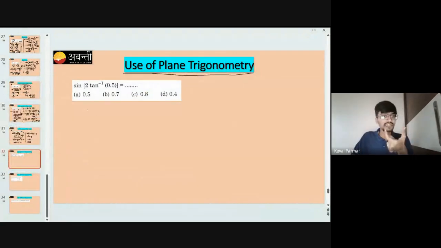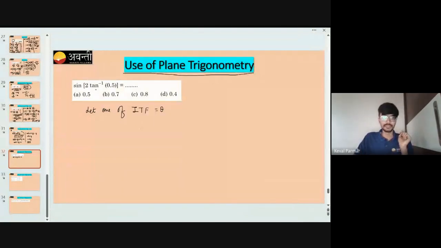Plain trigonometry says that assume one of the inverse trigonometric functions is theta. What does it say? Let one of the inverse trigonometric functions be equal to theta. If one of the inverse trigonometric functions is equals to theta, then we can use plain trigonometry.